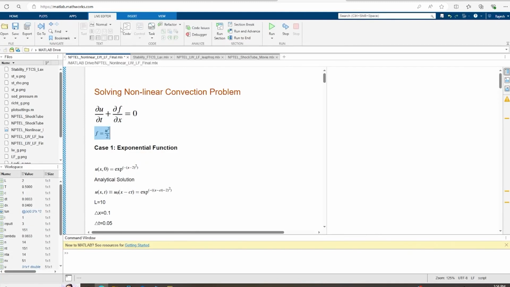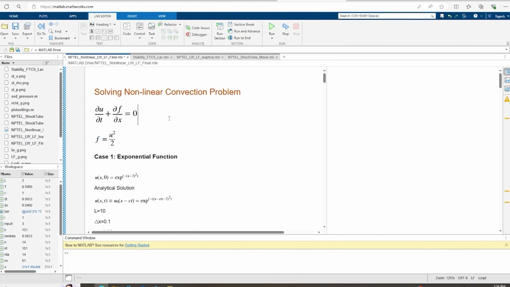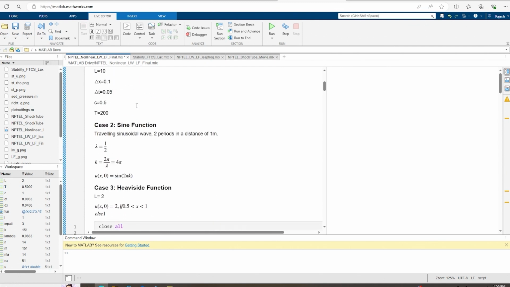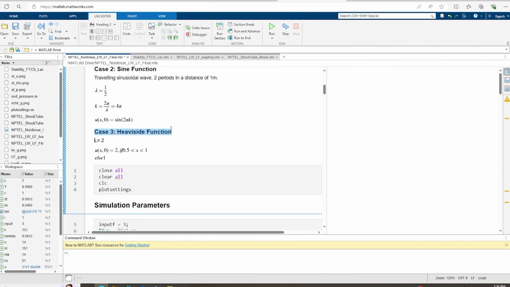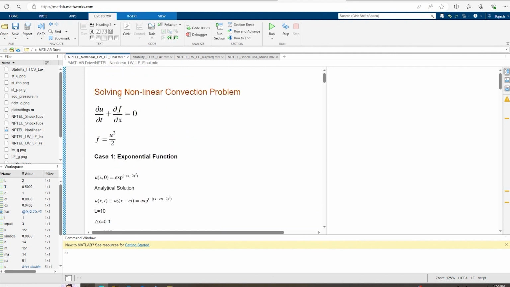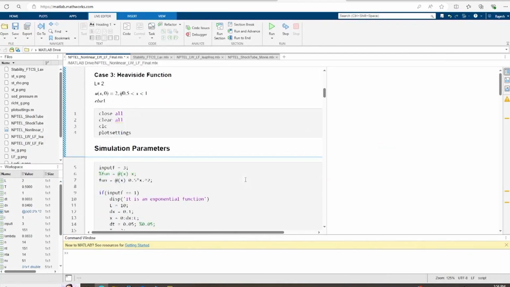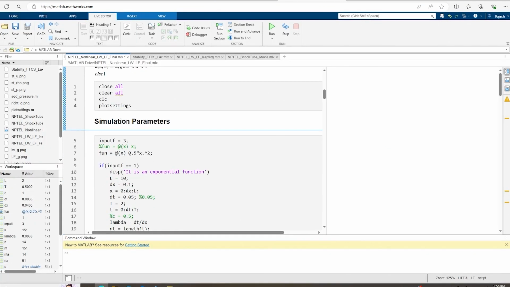Let me make it a little bit bigger. We had seen the behavior in many different cases: the exponential function, sine function and Heaviside function. We already saw how they behave for the linear problem. Now, we want to solve the nonlinear problem and see how they behave. So, the code remains the same. The only change that I have introduced is this function called fun, that depends on x.